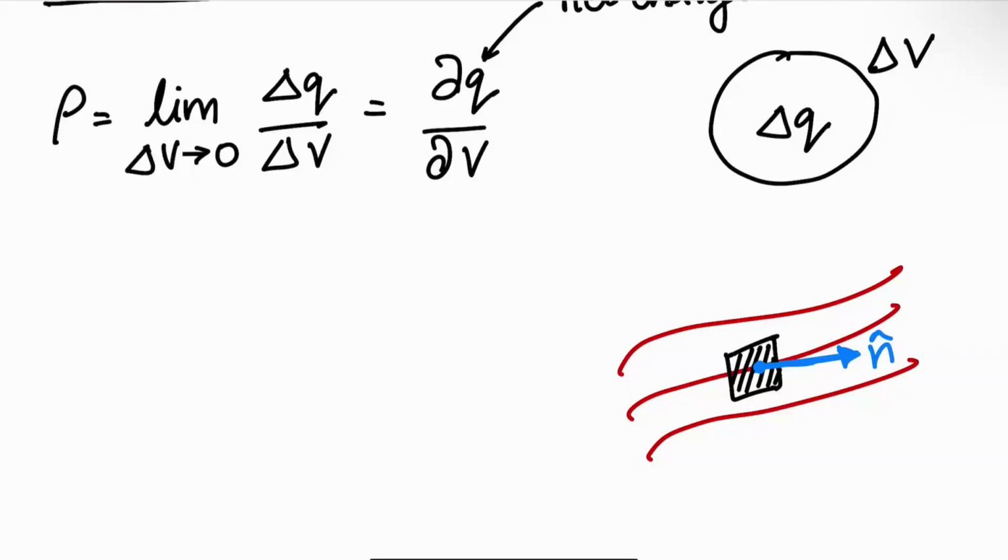Let me consider a small patch of that surface, which has an area of delta S, or I guess I'll use delta A, but it doesn't matter.